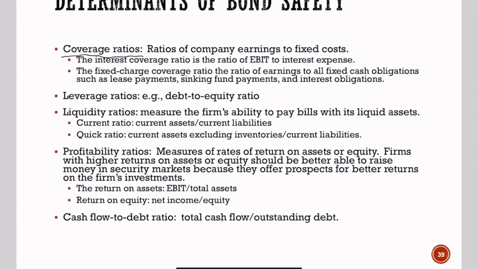It basically measures to what extent the firm's costs are covered. So the first important one is called interest coverage ratio. I think we mentioned this, maybe not. But interest coverage ratio is the ratio of EBIT divided by interest expense. So it basically measures the firm's ability to use its EBIT to pay its interest.